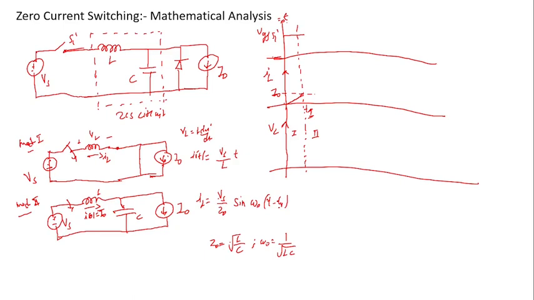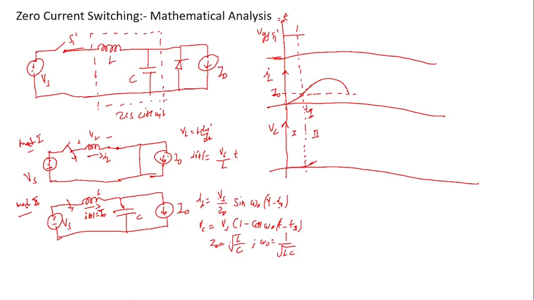Otherwise you may face problems. Here Vc of t should be in the shape of 1 minus cosine of omega naught times t minus t1, which means the current is coming in a sinusoidal fashion, and the capacitor voltage will draw some value.